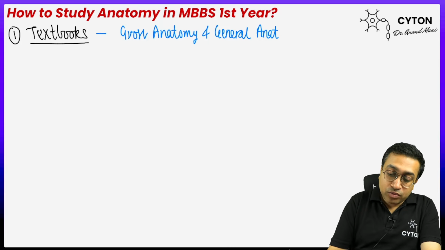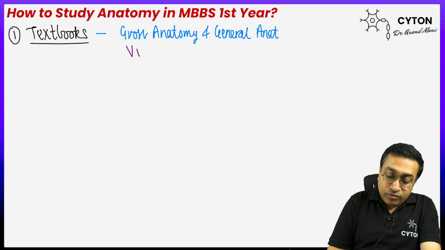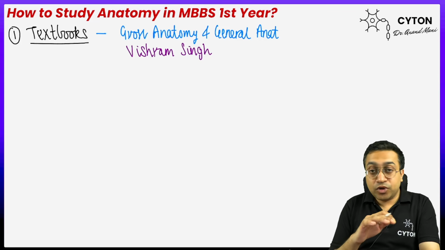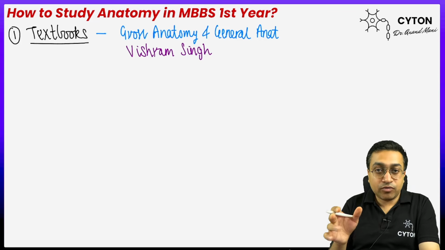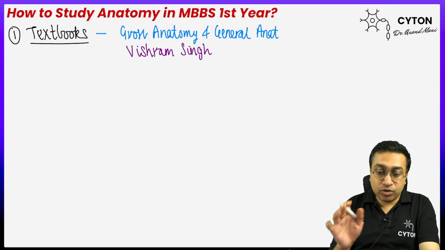I will write the textbooks in my recommendation list manner. I would prefer you to read first Vishram Singh Anatomy, all the volumes, separate volumes, and that goes for neuroanatomy as well. Neuroanatomy separate volume for Vishram Singh sir, that is an excellent textbook which I would recommend you.